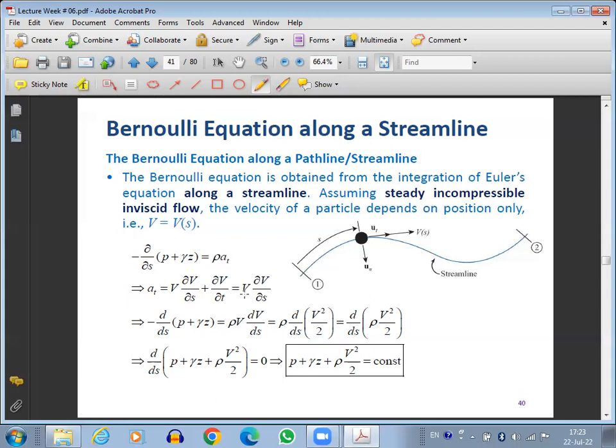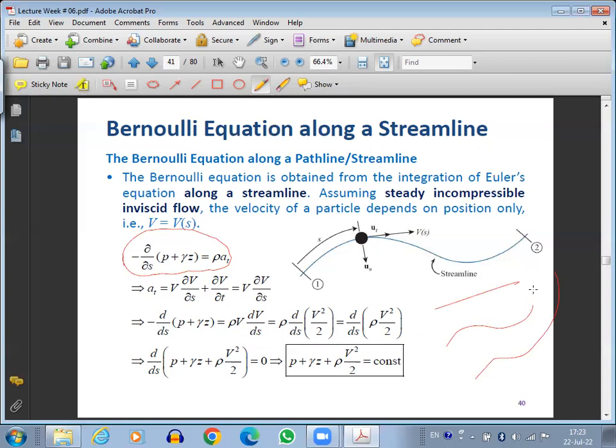Okay, so now let's have a look at it. That was Euler's equation: negative dp/ds minus gamma dz/ds equals rho a_t. Now what we are saying is that the fluid is moving on a streamline, whatever the streamline is. It could be a straight line, it could be a curve.